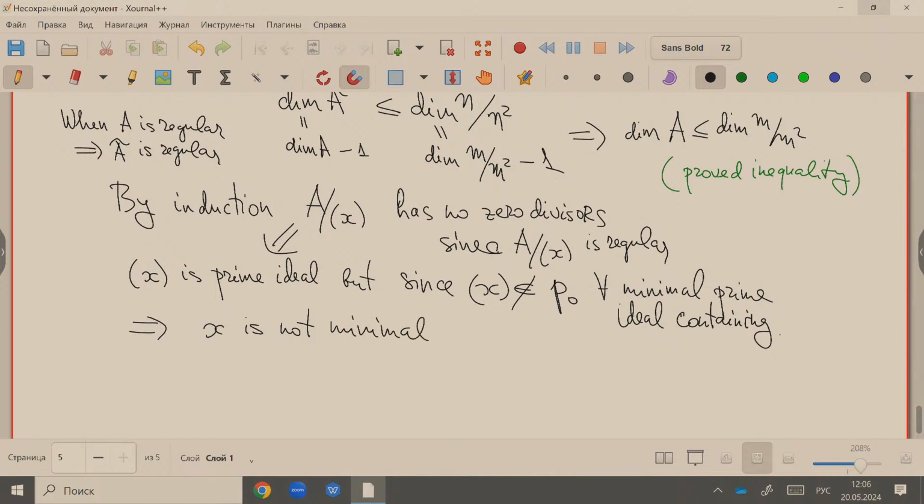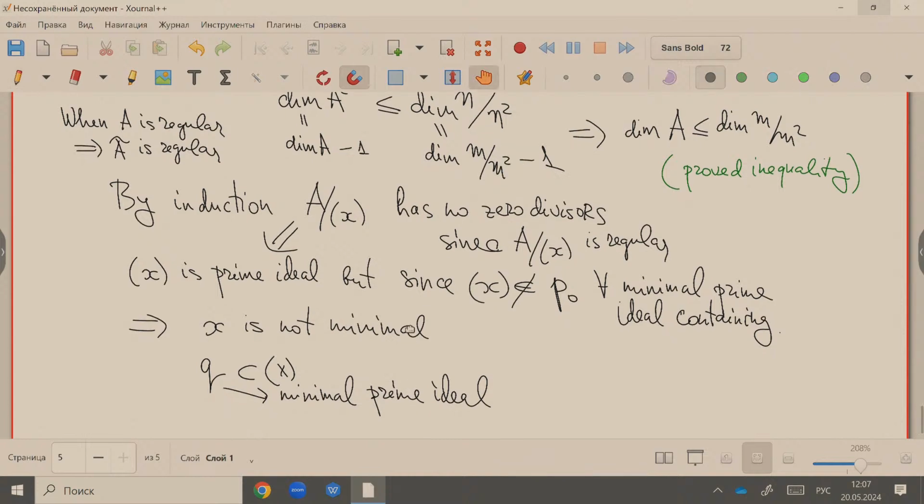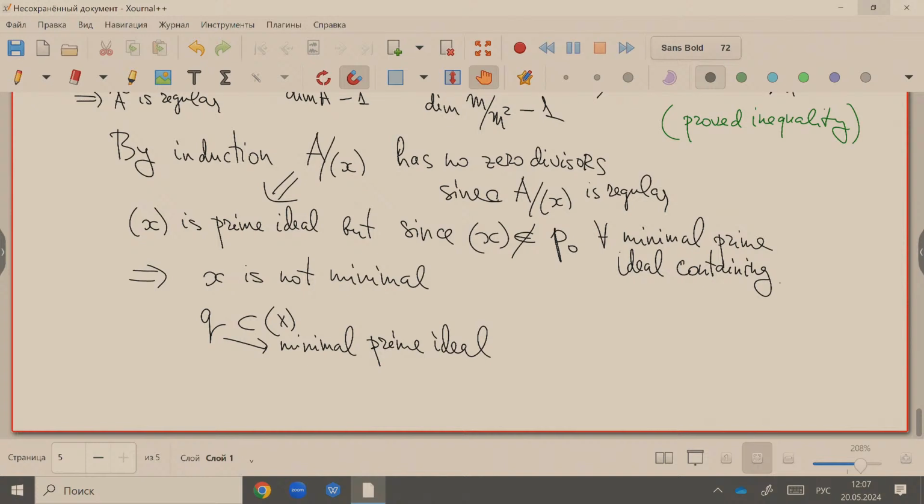Then you can find some minimal prime ideal. So take a minimal prime ideal Q. Now let us study if this could be true.